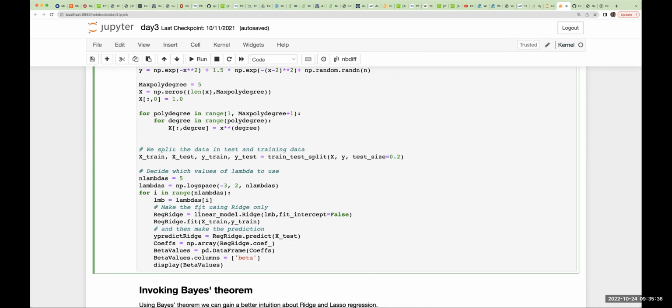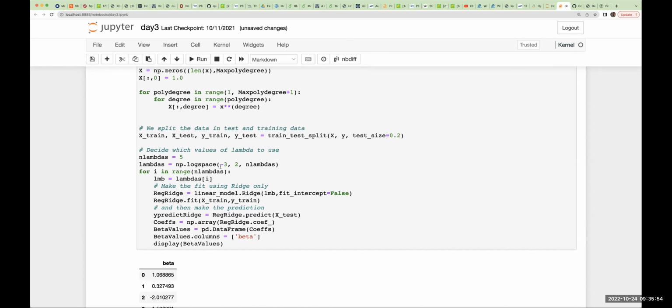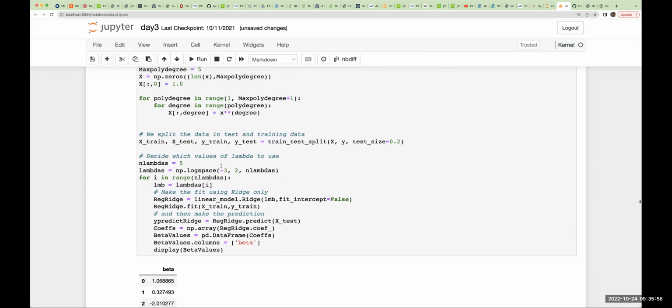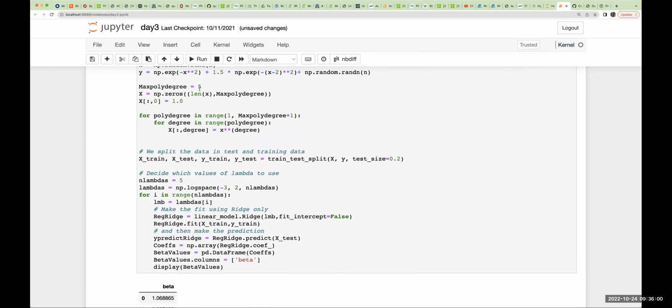We are going to do ridge regression only. And we split the data into test and train. And then we are going to drive these parameters slowly to smaller and smaller values when we increase the value of lambda. And let's just take a quick look here. So you see now, we start with a polynomial of degree 4.